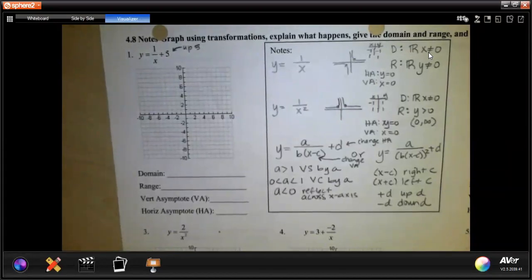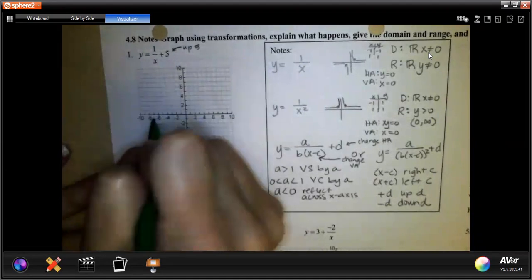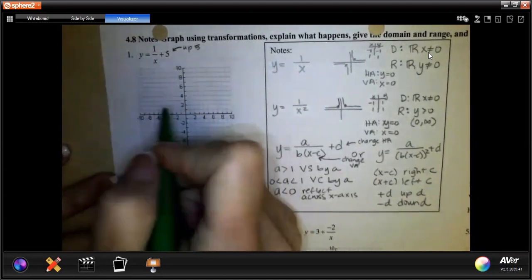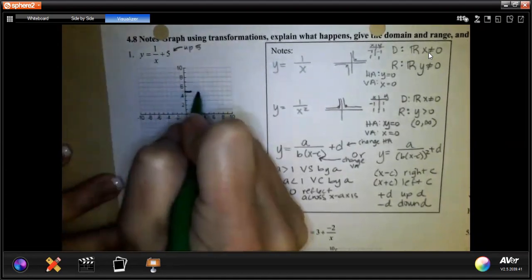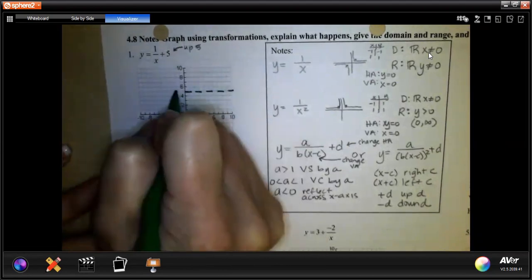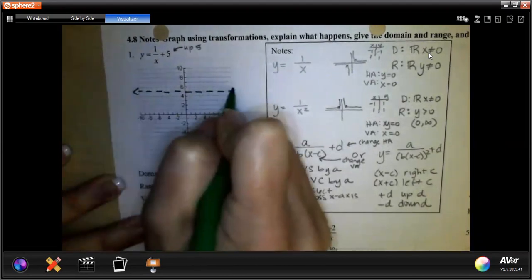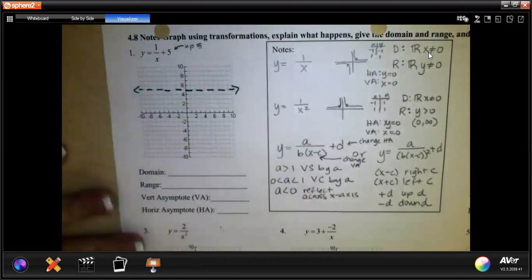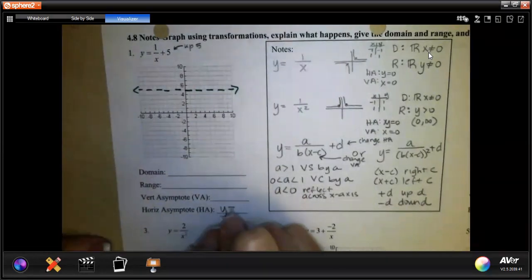That means we're going to pick up that graph and we're going to move it up 5 units. So if our horizontal asymptote was at 0, it was right here, we're going to pick it up and move it up 5 units. So here is my new horizontal asymptote. And horizontal lines are y equals, so our horizontal asymptote would be at y equals 5.